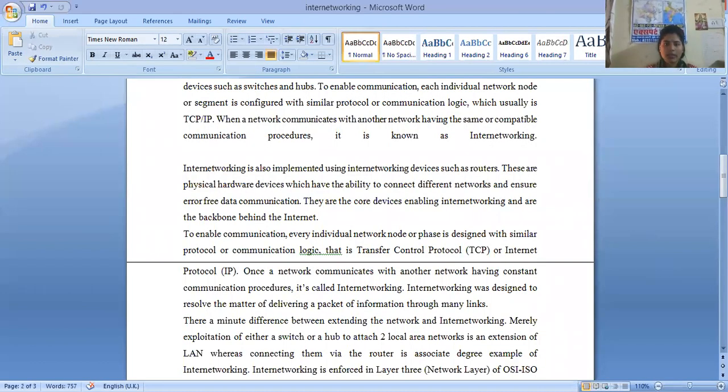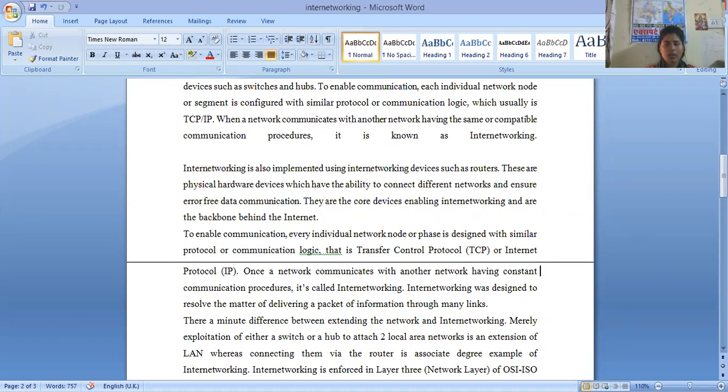So the different networks are connected with each other through physical hardware devices, which have the ability to connect different networks and ensure error-free data communications. They are the core devices enabling internetworking and are the backbone behind the internet.